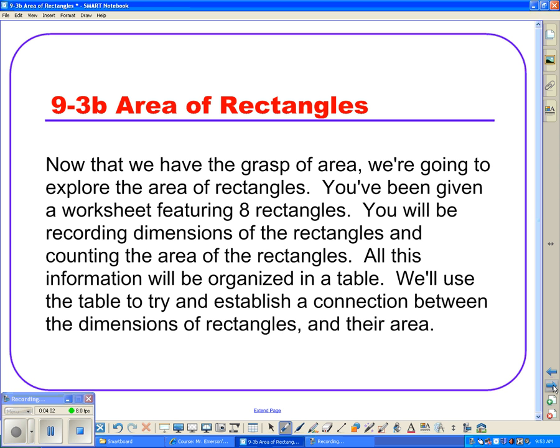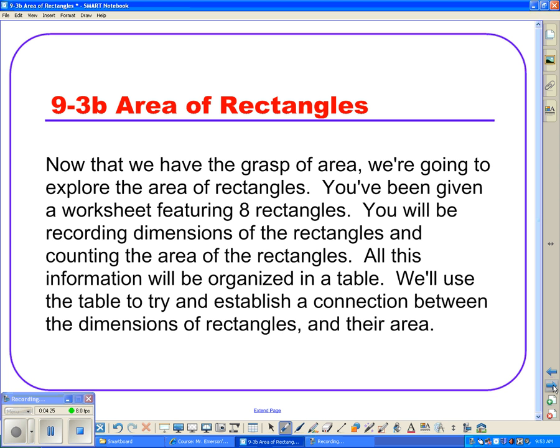You're going to record the dimensions of the rectangles, and count the area of the rectangles. You're going to put all that information in a table, a spreadsheet. You'll then upload that spreadsheet to the Moodle, but that's irrelevant. We're going to use the table to try and establish a connection between the dimensions of the rectangle and their area.